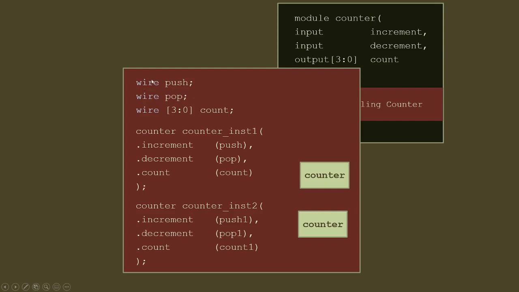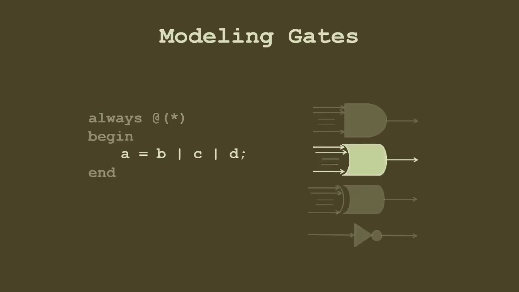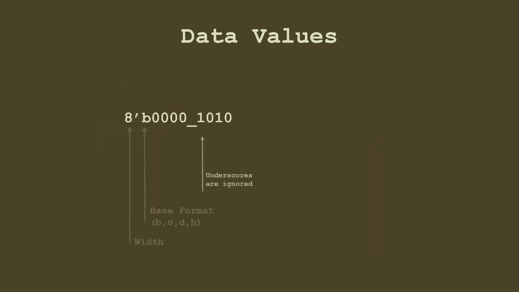That will determine whether it's a reg or a wire. But for the outputs, count is the output of this module, and that output will always need to be a wire because we cannot assign it in this module, since it's the output of this counter. So we have to use wire here. That's something that I should have told you.